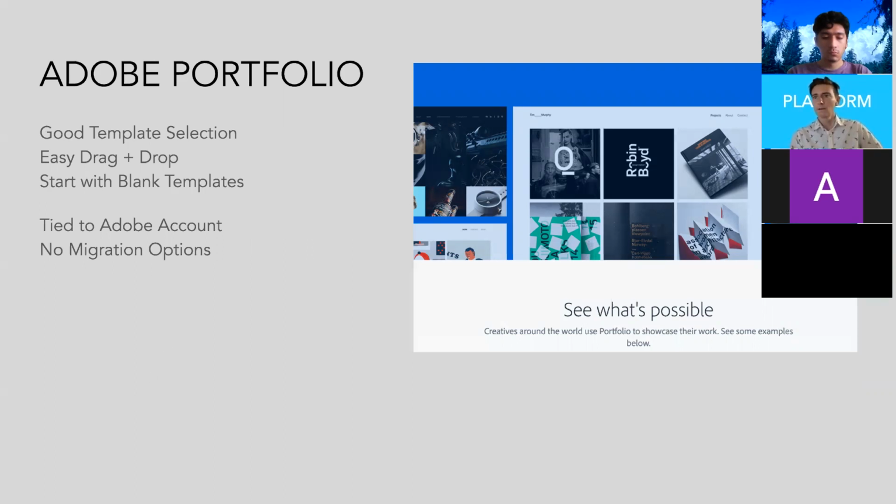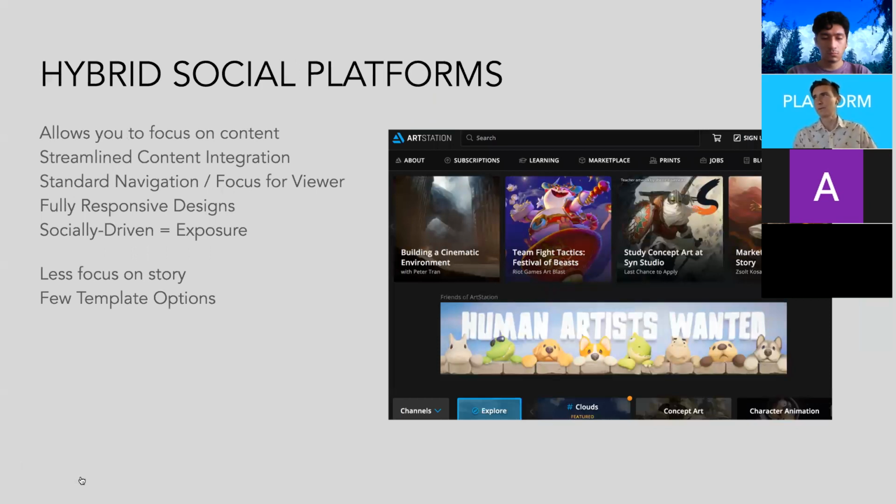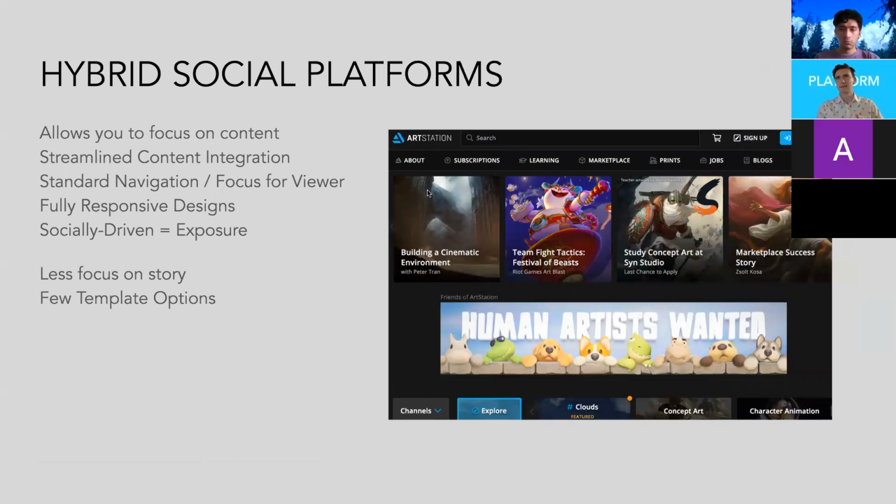Okay, great. And then let me move on to talking about hybrid social platforms. A lot of folks were asking about ArtStation last week, so I definitely wanted to address this along with some other ones. These are interesting combos of a regular web platform like we've been looking at, and social media, where you're able to have an account and a page potentially within that account, and these are crafted around art and design and creative things.